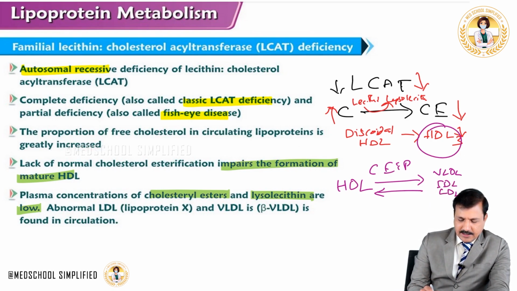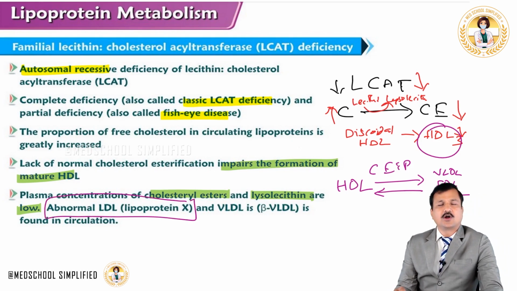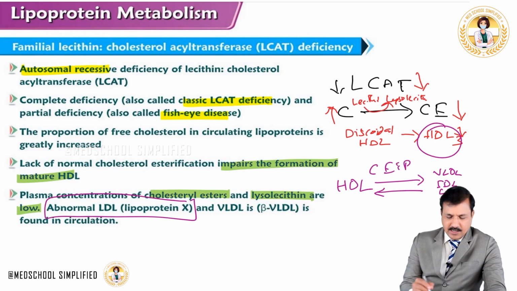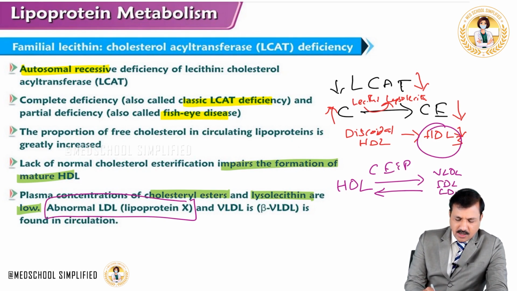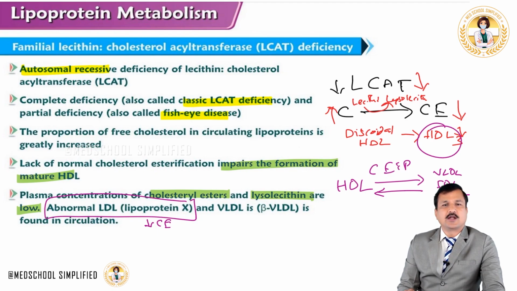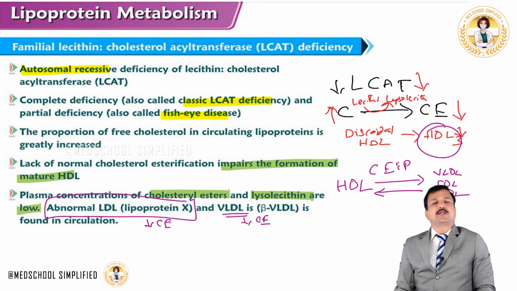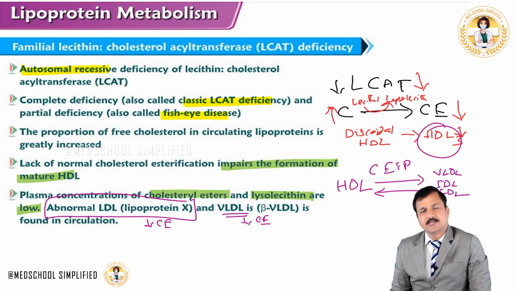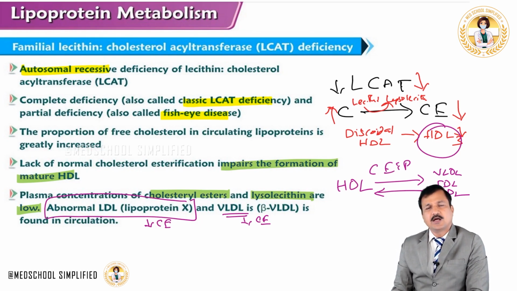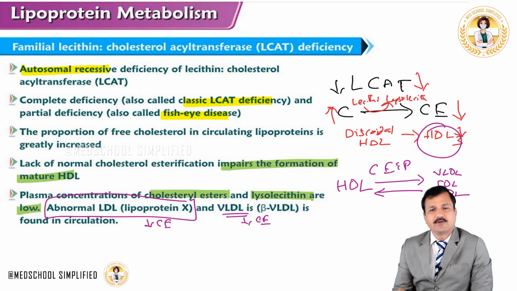See the LDL, the type of LDL that we are seeing in LCAT deficiency is called lipoprotein X, and this LDL will have lower levels of cholesterol ester, and that's why it is called lipoprotein X. VLDL also has a lower level of cholesterol ester content, so it is called beta VLDL. Instead of the normal pre-beta VLDL, here it is called beta VLDL.